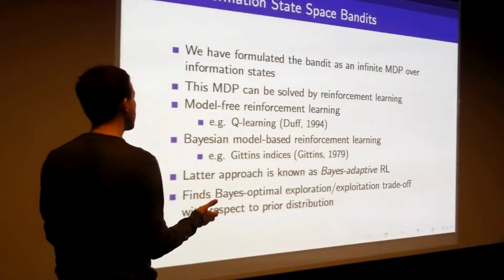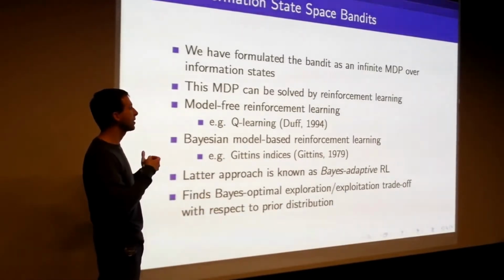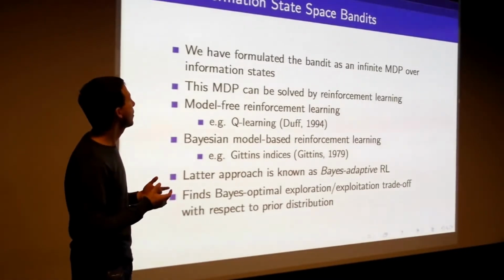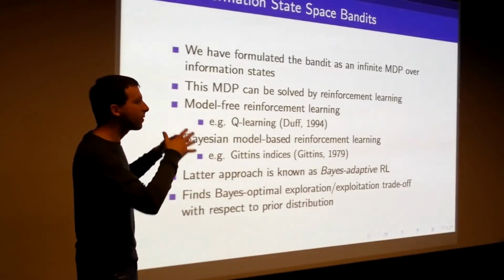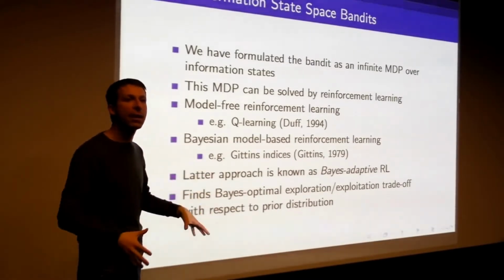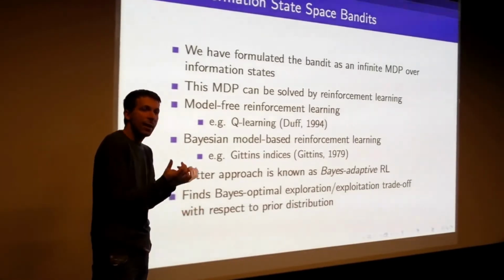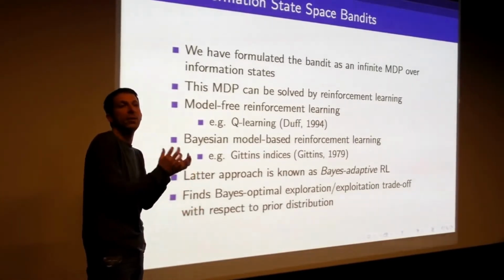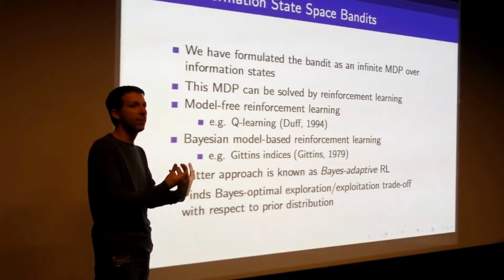And this whole approach is called Bayes adaptive reinforcement learning. Okay, now let me clarify that. So we can work with information states, and there are many, many different ways to work with information states. If we characterize our information by a posterior distribution, then that's what's known as Bayes adaptive reinforcement learning.